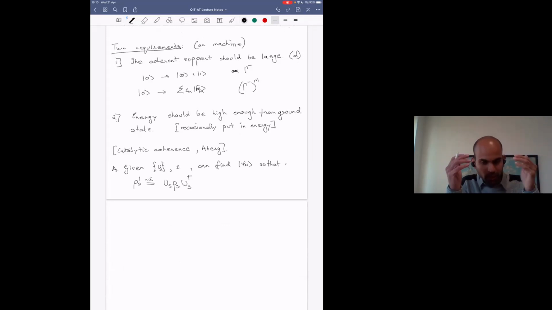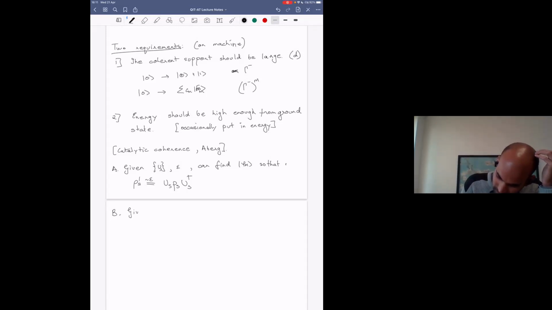At the same time, we know that if I just gave you now a particular example of a state that I wish to use to do catalytic coherent operations, it's very clear that I can always find a unitary operation for which this system will fail, because all I need is just that the unitary operation shifts the energy of the system larger than the support of the coherent state that I'm given, or shifts it larger than the distance to the ground state.